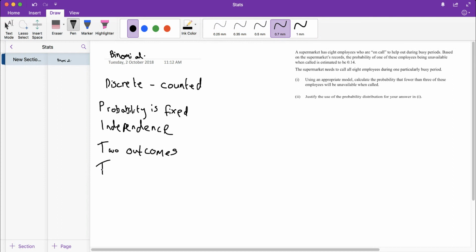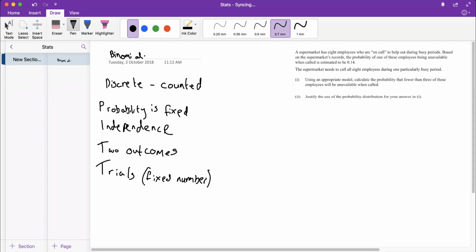And the last condition is a number of trials that is fixed. What I mean by that is that there are a set number of things that you're going to repeat, which are called your trials, and you've got a total number of those that's fixed.